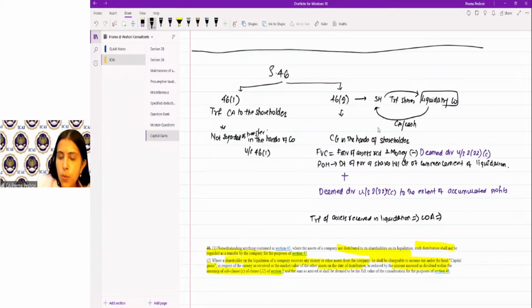So cost of acquisition will be the FVC taxed under section 46(2). So when I'm selling off the assets subsequently, then in that particular case, my cost of acquisition will be the FVC taxed under section 46(2). Are we clear? Any doubt?